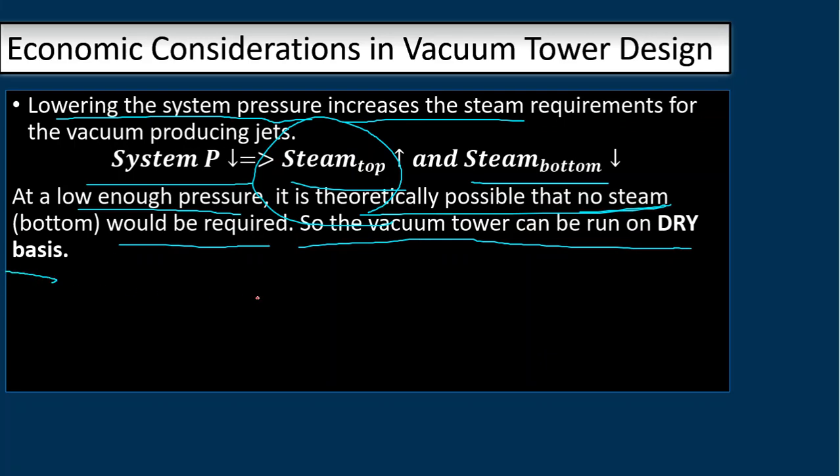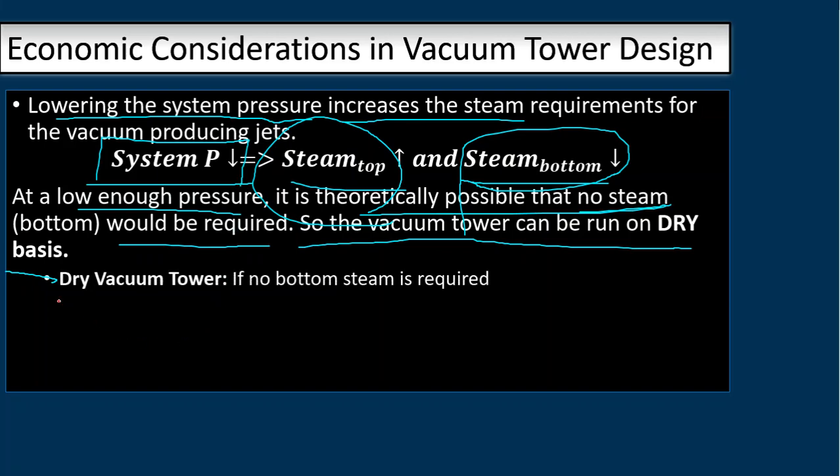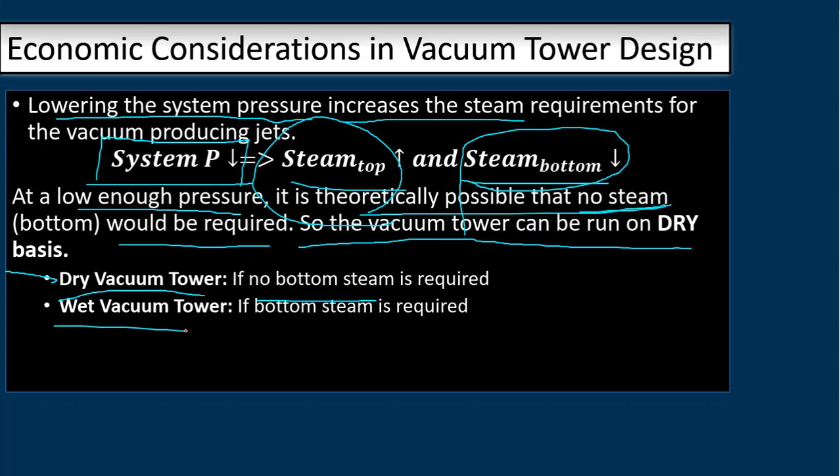Dry basis means no bottom steam is required, because all the vaporization of the hydrocarbon is achieved by the system pressure itself. There is no need to add bottom steam for more vaporization. So that is called the dry one. Dry vacuum tower means no bottom steam, and wet vacuum tower means bottom steam is there. So this is the case for the lower system pressure.